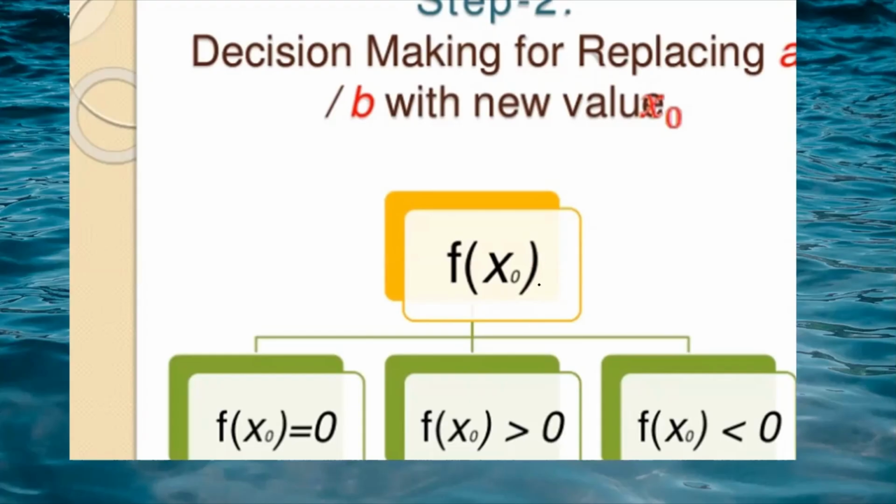They are the two values where f of a and f of b have different signs. After finding x naught, you have to find f of x naught, and check whether it is 0, greater than 0 or less than 0. If it is 0, then x naught is your required root. Suppose f of x naught is greater than 0 or less than 0, then how will you proceed further? We'll see in the next slide.